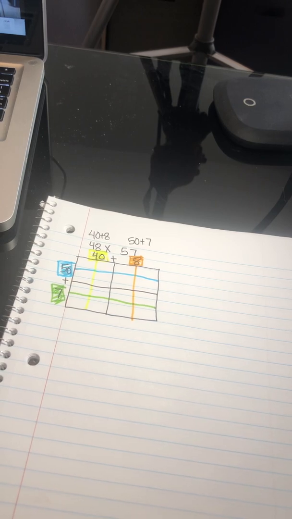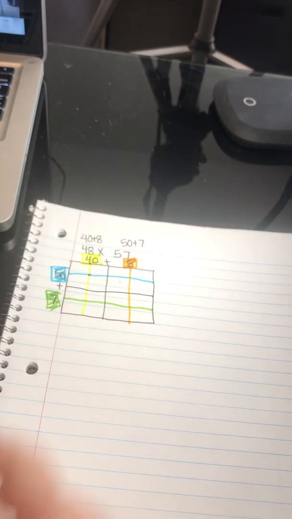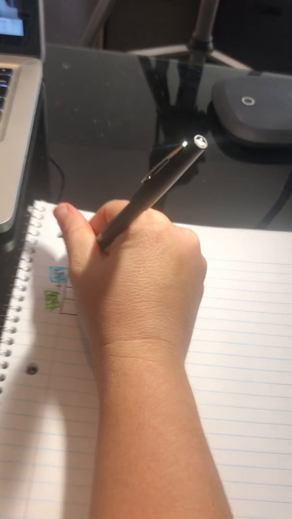What 2 numbers are crossing here? 40 and 50. 40 times 50.